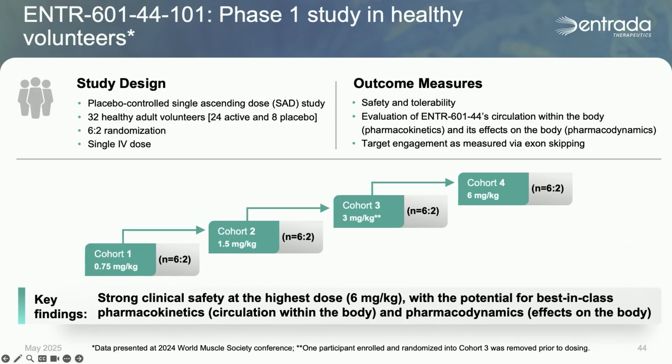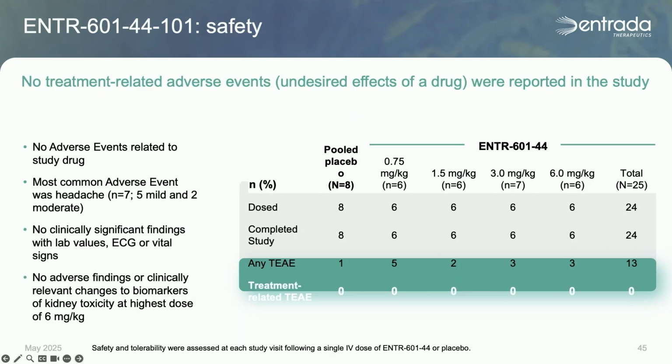I'm going to talk about Entrada 44, their exon 44 one. The only data that exists right now is from a phase 1 study in healthy volunteers. 32 adults were given a single dose of 6 milligrams per kilogram, in a dose escalation study. Outcome measures were tolerability and target engagement as measured by exon skipping. So it was well tolerated.